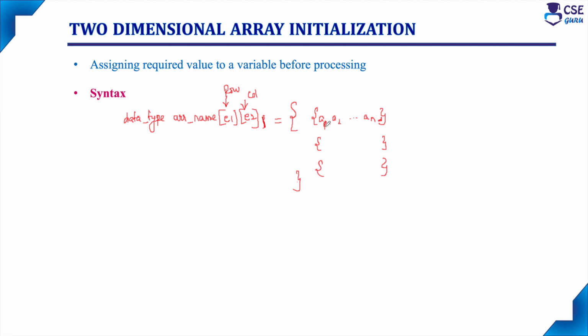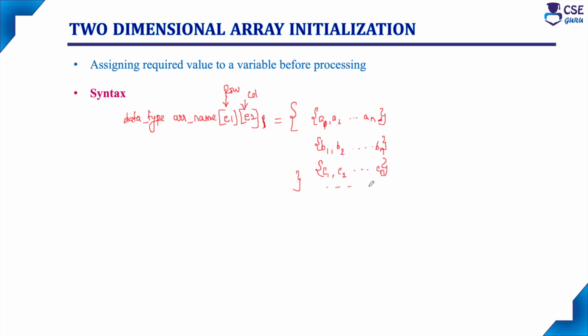A1 will represent the 0th row, 0th column element. A2 will represent the 0th row, first column element. Likewise, we need to consider the rest. So, this is the first row. Similarly, second row elements B1, B2 up to Bn, and third row elements C1, C2 up to Cn.